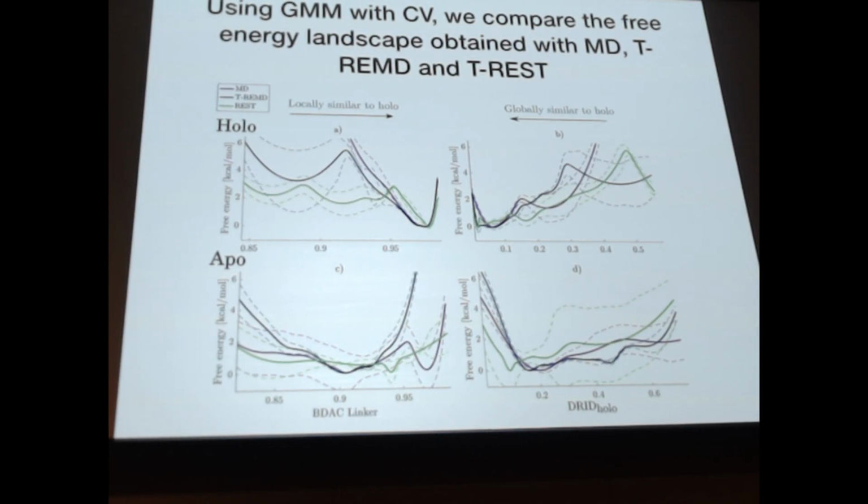And likely it also means that the profiles I'm presenting here are not converged for any of the methods. You can see, by the way, that the standard error, represented by the dashed line, is pretty big everywhere, except in the minima close to the structure.